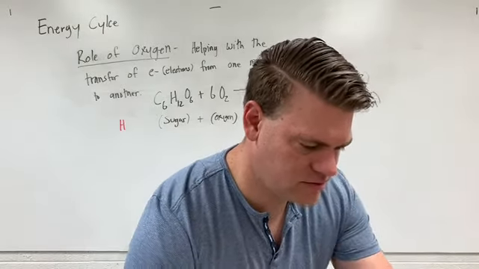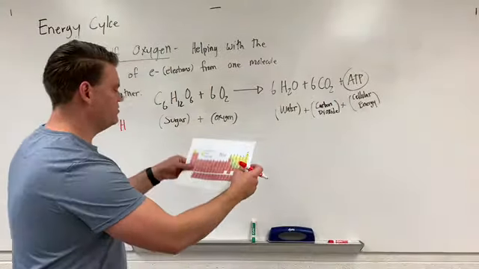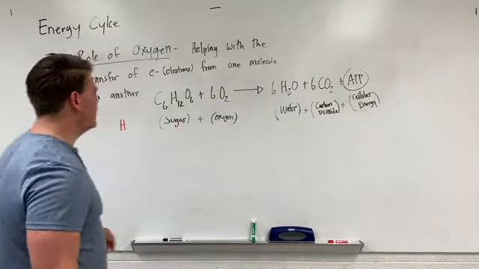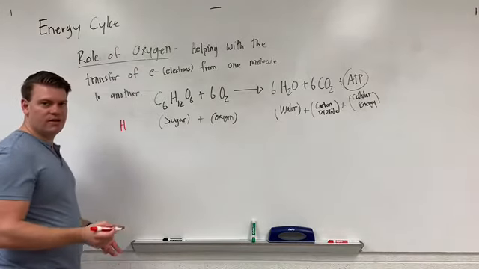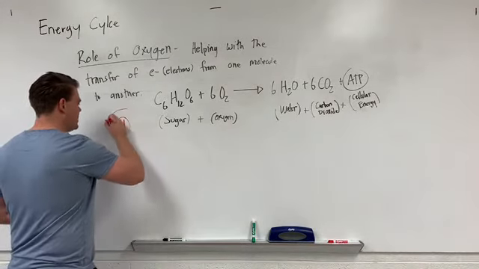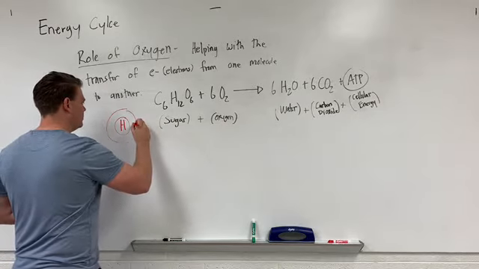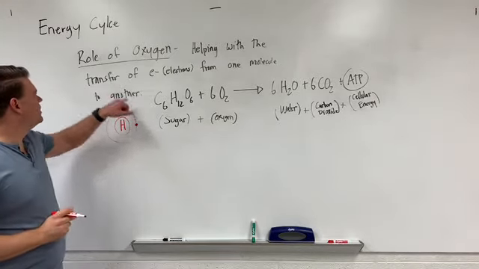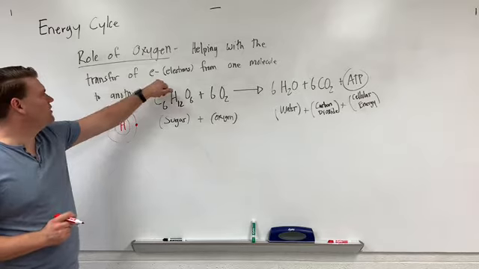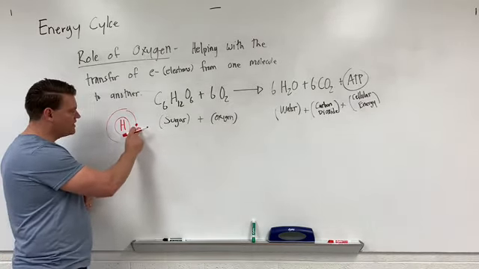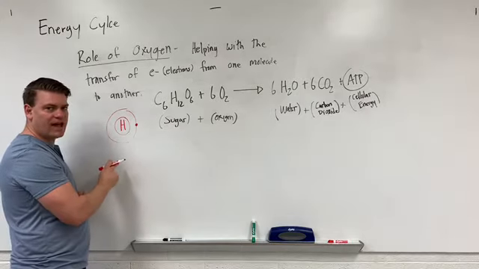Remember, it's this very first one right here, which means it has an atomic number of 1, which means it has 1 proton and it has 1 electron. So when we're talking about the transfer of electrons, we're actually talking about the 1 electron that's found in this hydrogen atom.